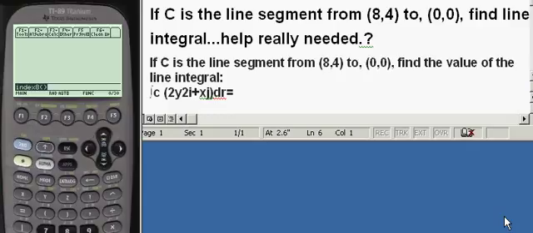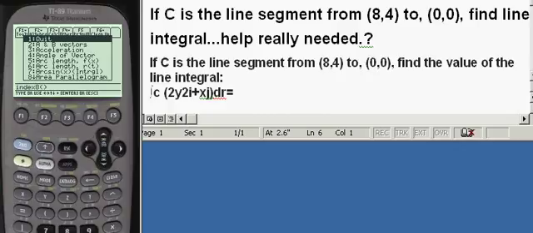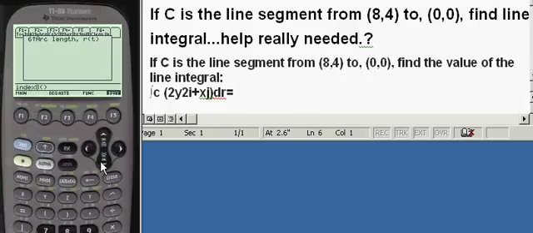I wanted to do two videos on this section of line integrals dealing with I and J. So let's do it. Index 8 to get to my menu. Scroll down here now to line integrals.